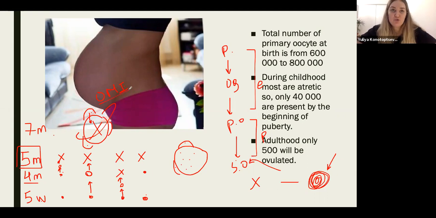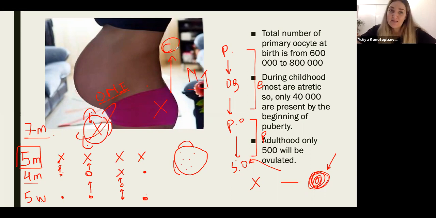What does OMI do? Starting from the 7th month of embryological development, you're going to see that primary oocyte enters meiosis 1 to become secondary oocyte. So during the 7th month of embryological development, we already start the production of secondary oocyte. We allow primary oocyte to enter meiosis 1 to become secondary oocyte.